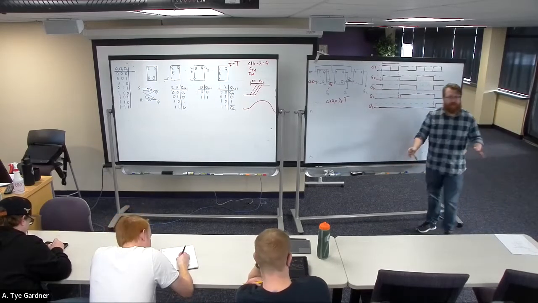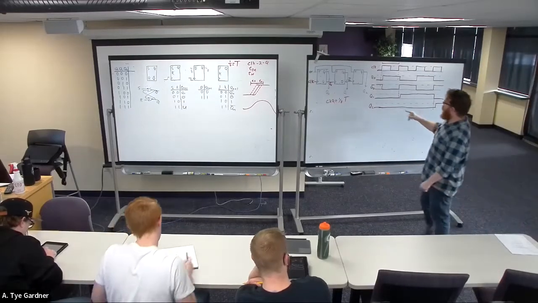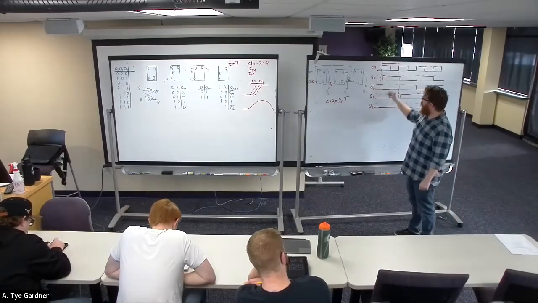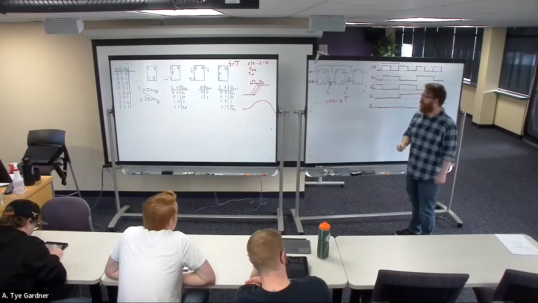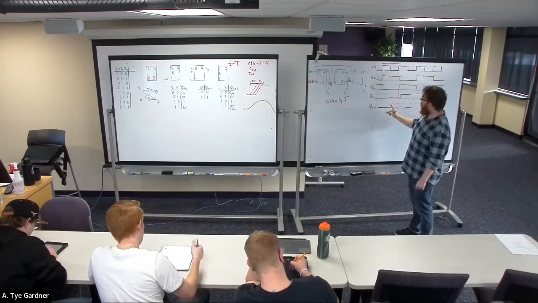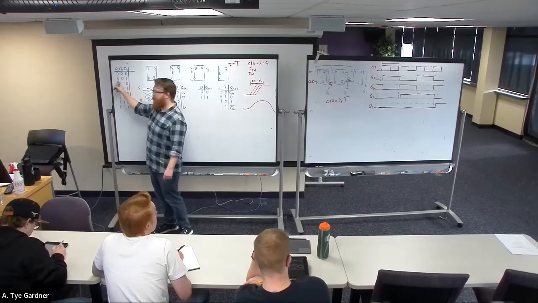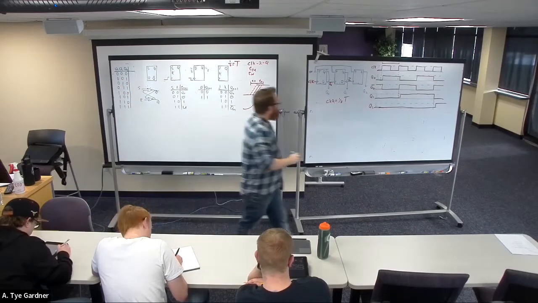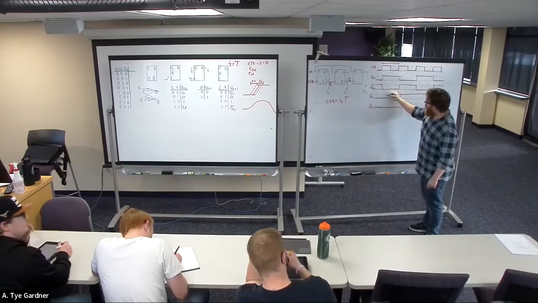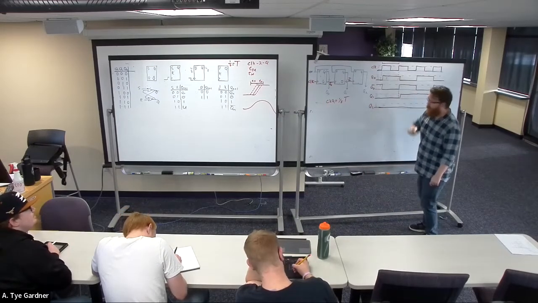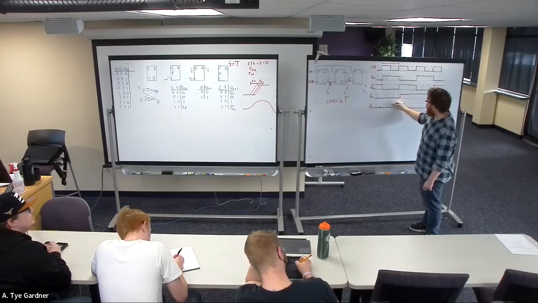Then we can check, is this a counter as I said it is? Well, I'm interested in Q0, Q1, Q2. So here I have 0, 0, 0. And I'm going to go bottom to top, right? Because I want to talk about it in terms of number. I want Q2 to be my biggest number.